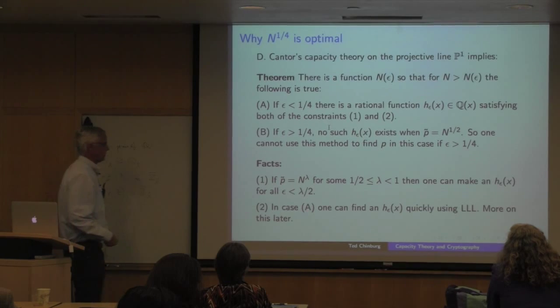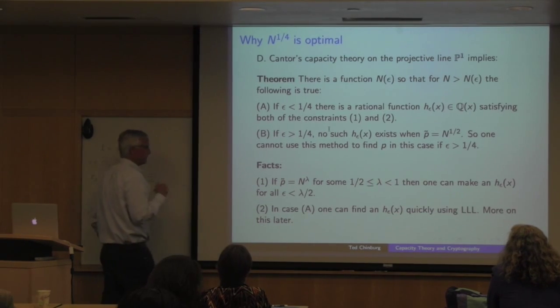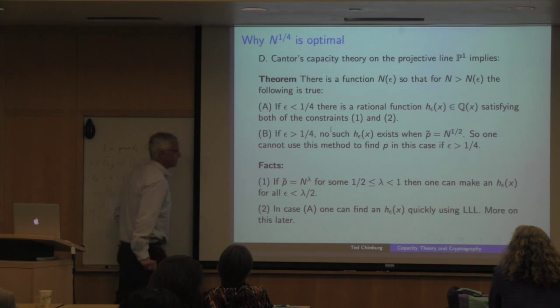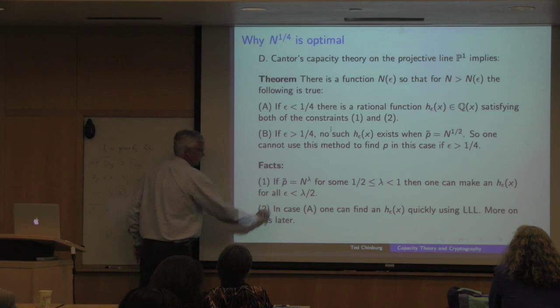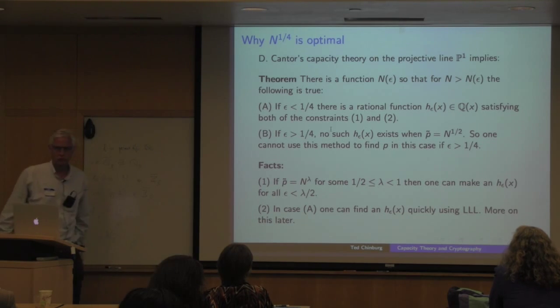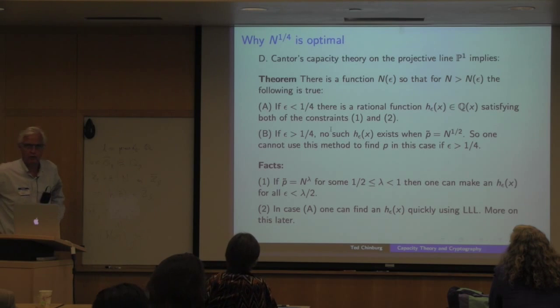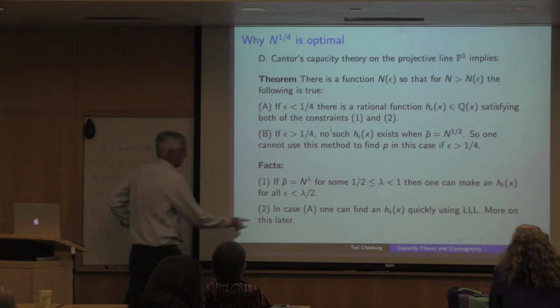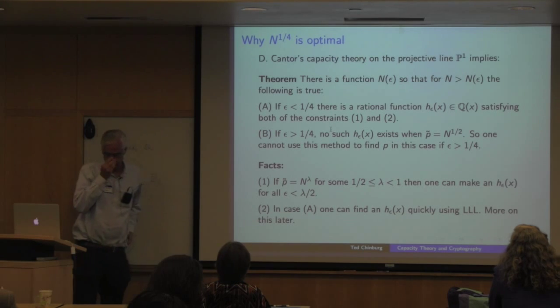If, on the other hand, you take a P tilde that's bigger than n^(1/2), something like n^(3/4), then you can actually allow a bigger error. So if somebody tells you that you have a divisor that's around n^(3/4), then you can do a bit better. You can allow a tolerance of error less than 3/8.